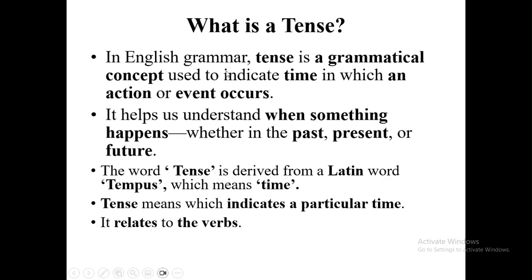So tense is a grammar concept which shows the time in which an action or event occurs or happens. In which time one action happened or one event happened, that is what tense shows.